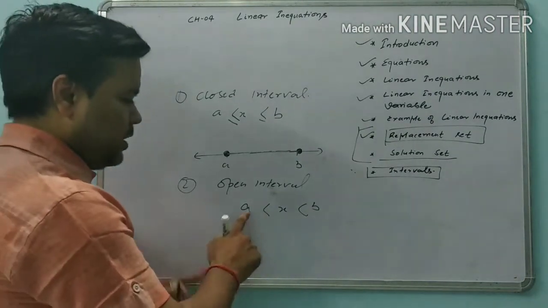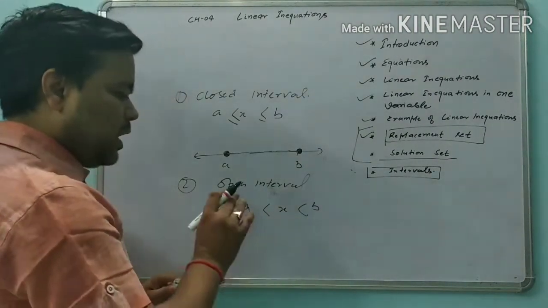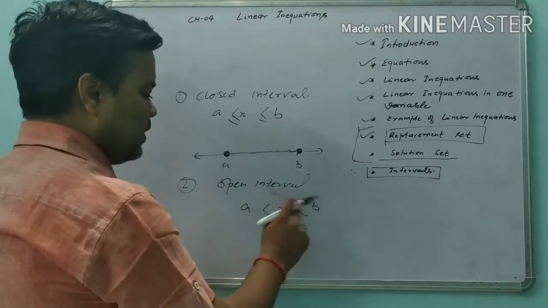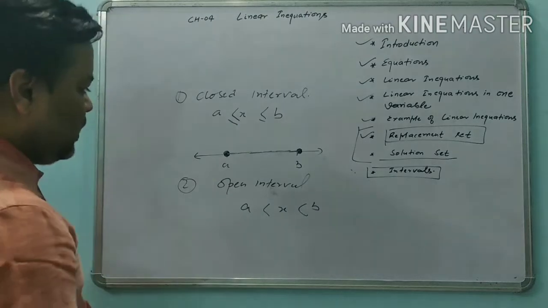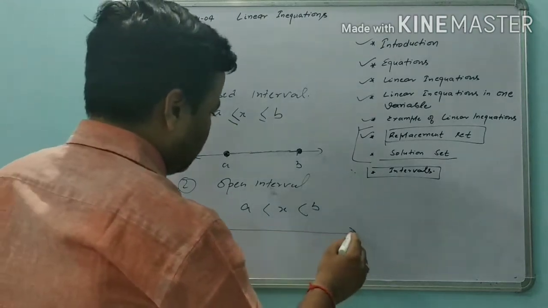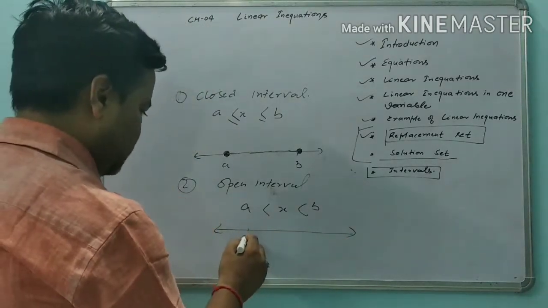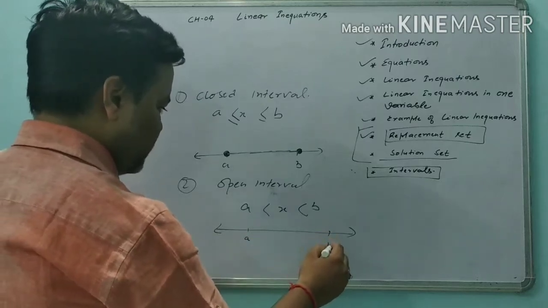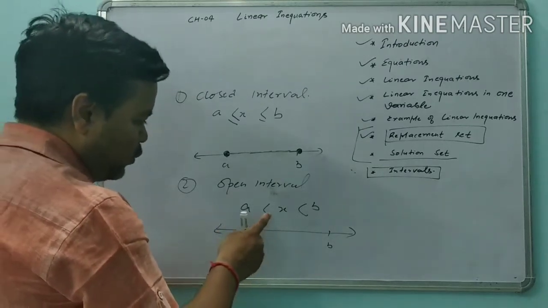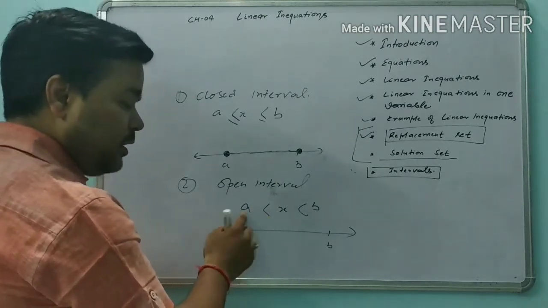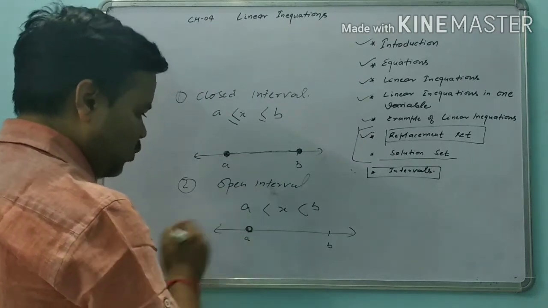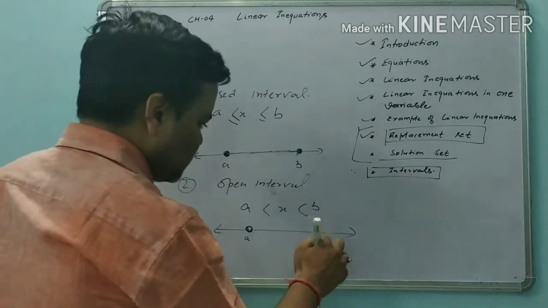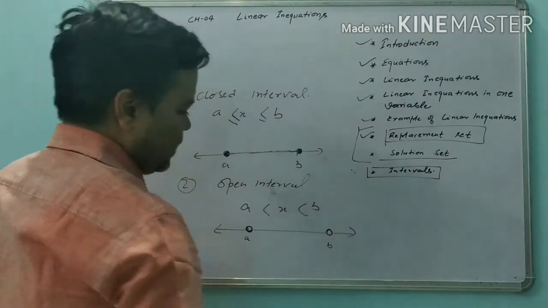We cannot take a, we cannot take b, but all the values in between a and b will be the solution of x. Symbolically, how do we represent this? Look here. If we take a and b, since the value of x is not a, we make an open circle, not a closed one, and at the place of b also we make an open circle.